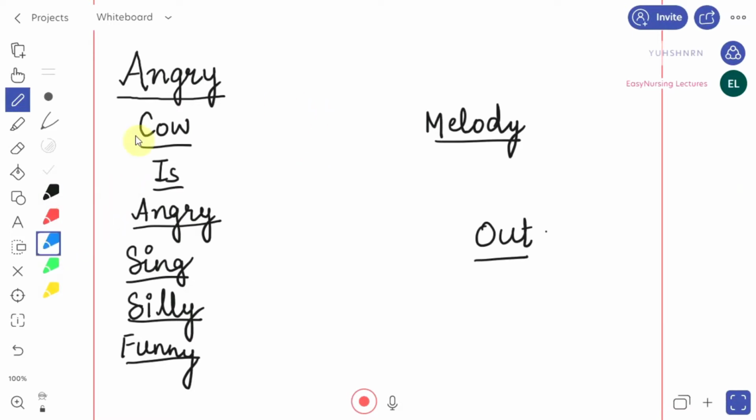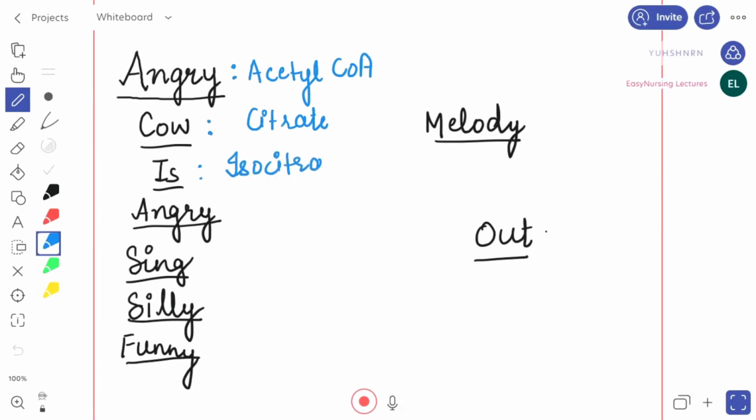Okay, so from Angry we have acetyl CoA. From Cow we have citrate. From Is we have isocitrate. From Angry we have alpha ketoglutarate.